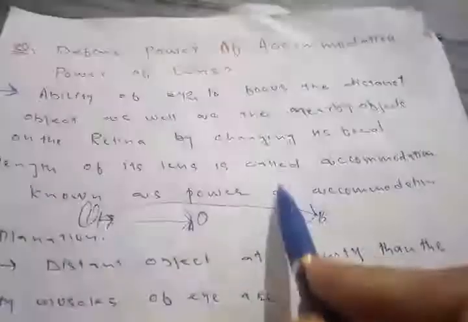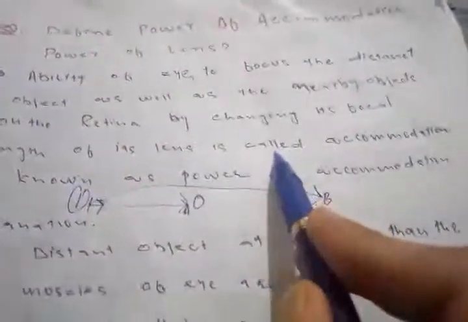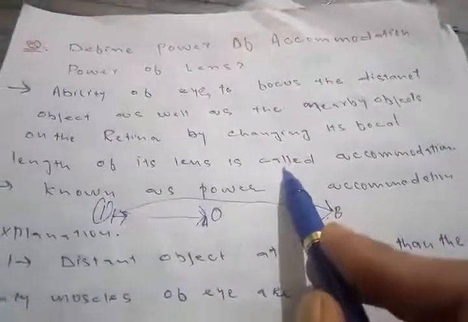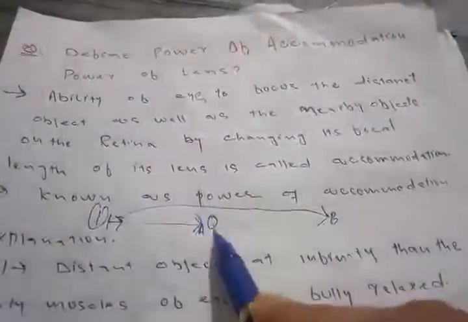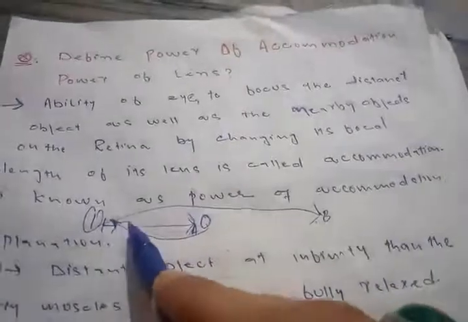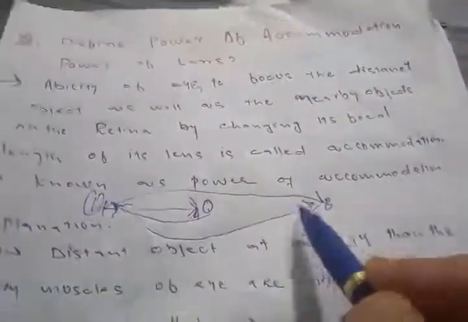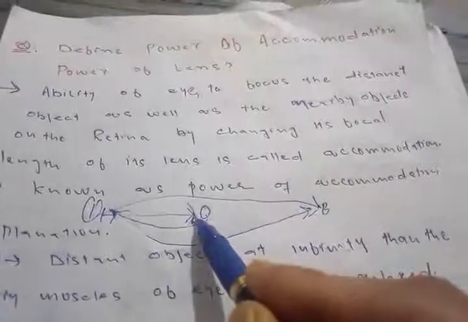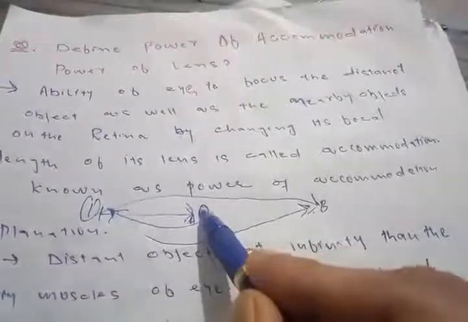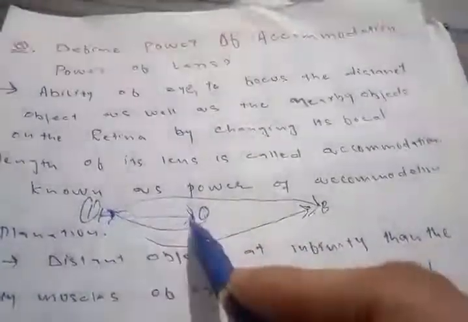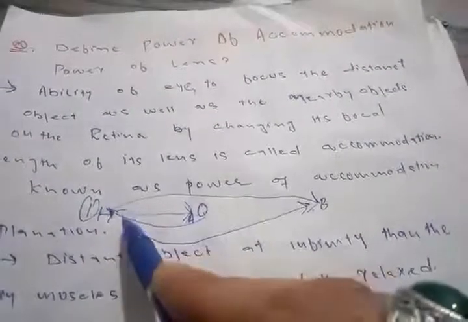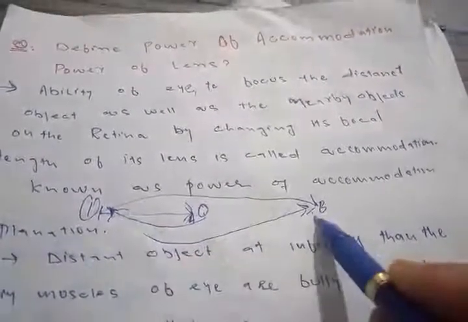This question explains the ability of an eye to see nearby objects, which are very near to your eyes, and far objects, which are very far from the eye, simultaneously by changing its focal length. What is focal length? The length between the object and your eye is called focal length. Here the focal length is the minimum, here the focal length is the maximum.